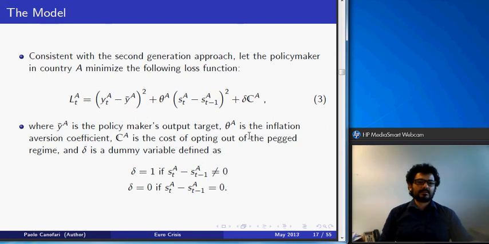And CA is the opting out cost, which is a cost of credibility if country A chooses to leave the monetary union. So it's a sort of political cost for country A.